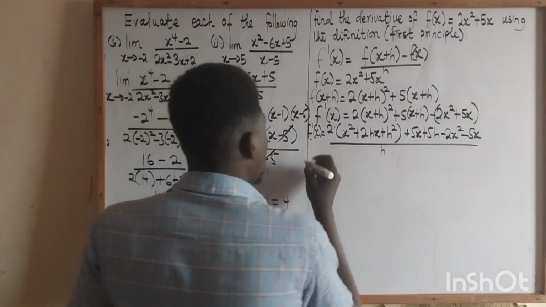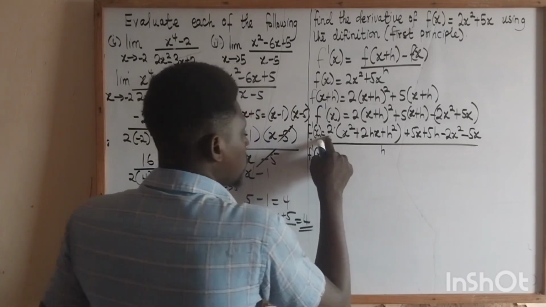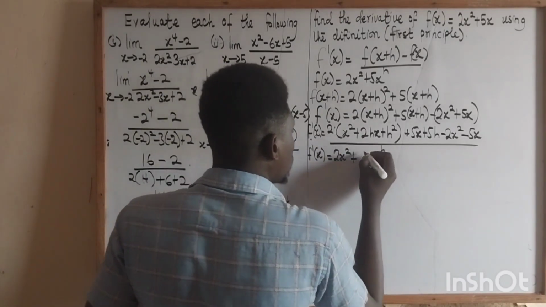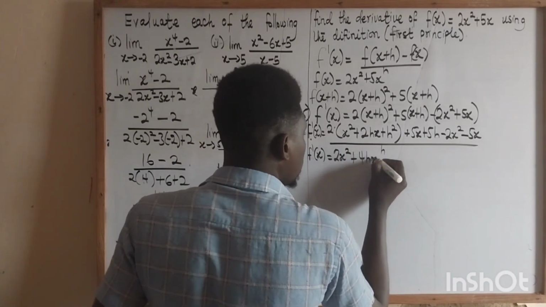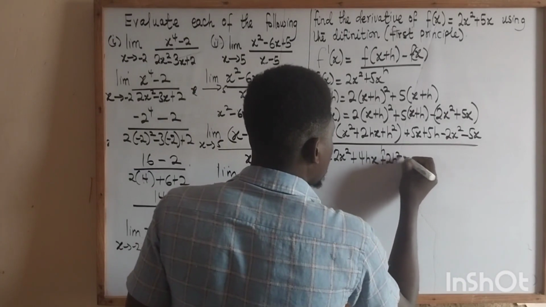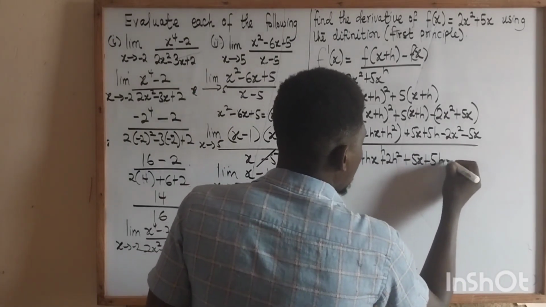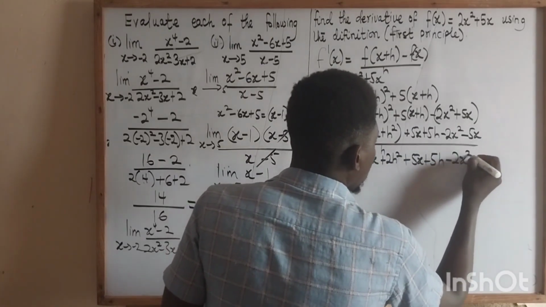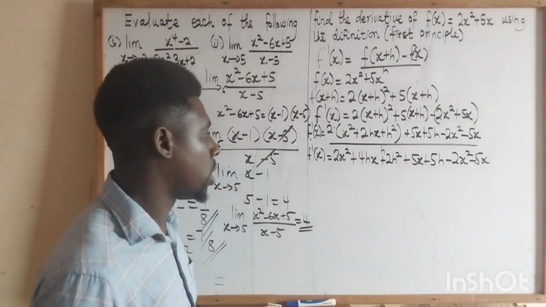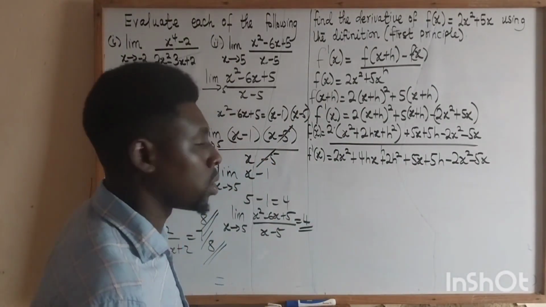So for f prime of x, 2 times this is going to be 2x squared plus 2 times 2hx, which gives me 4hx. 2 times h squared will give me 2h squared, plus 5x plus 5h minus 2x squared minus 5x. I hope you are following. Here we need to simplify, group like terms and see what we can get.